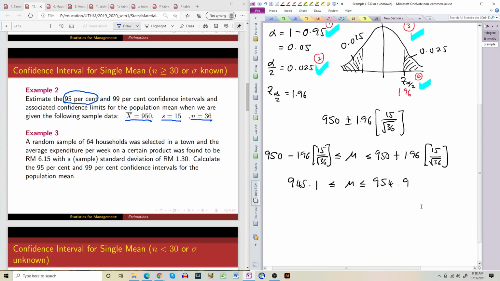You can leave the answer like this, or you can write it in brackets like this. This is the answer.